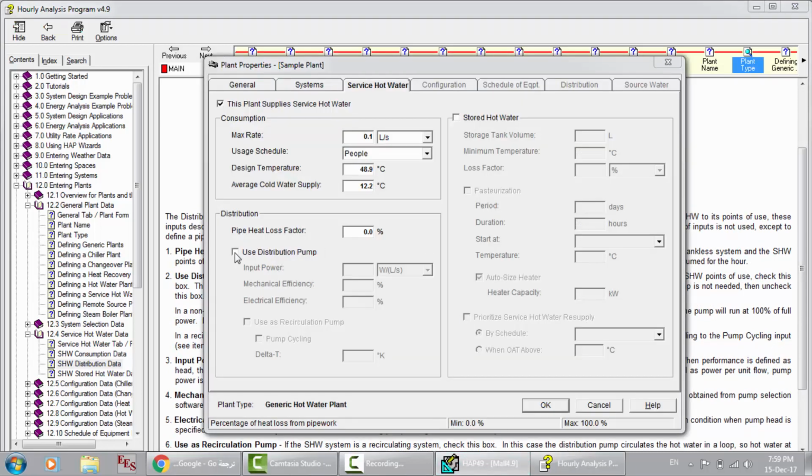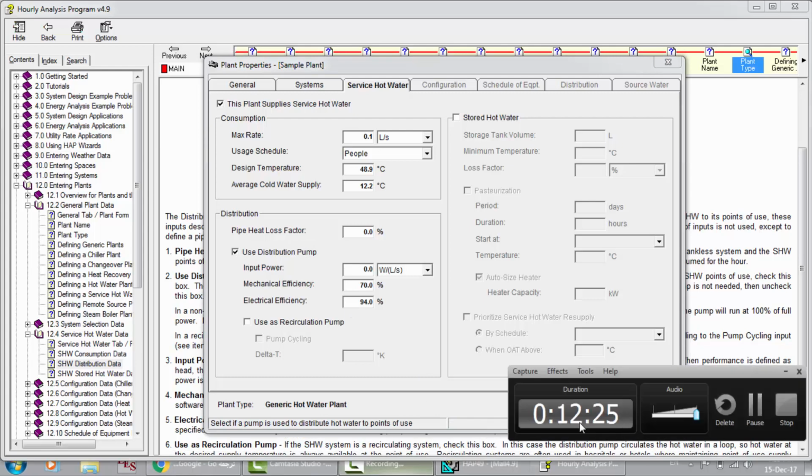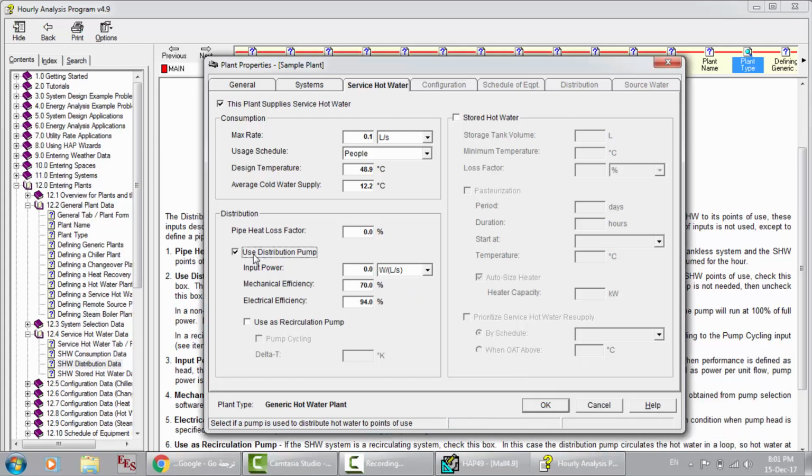Also, use distribution pump. If we use a distribution pump to distribute water to the consumption points, you have to get the input power. So this circulation pump input power, in kilopascal or kilowatt.